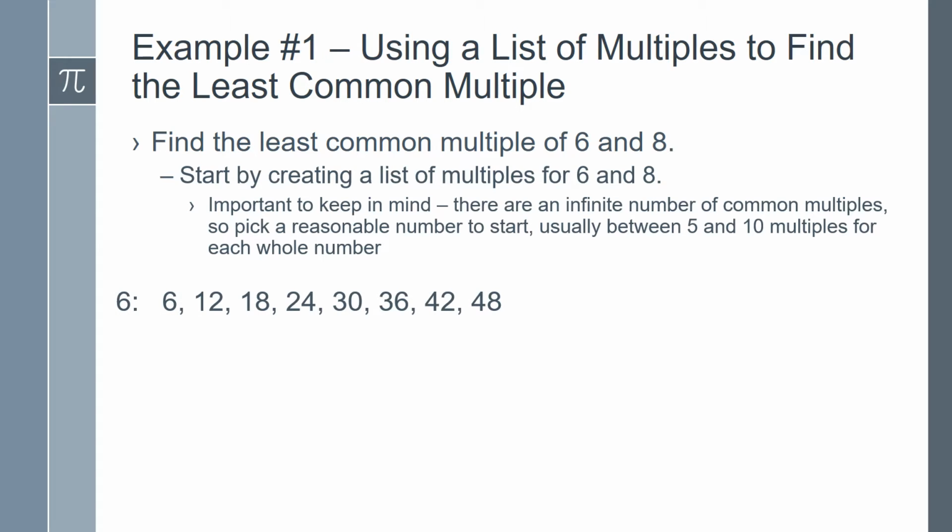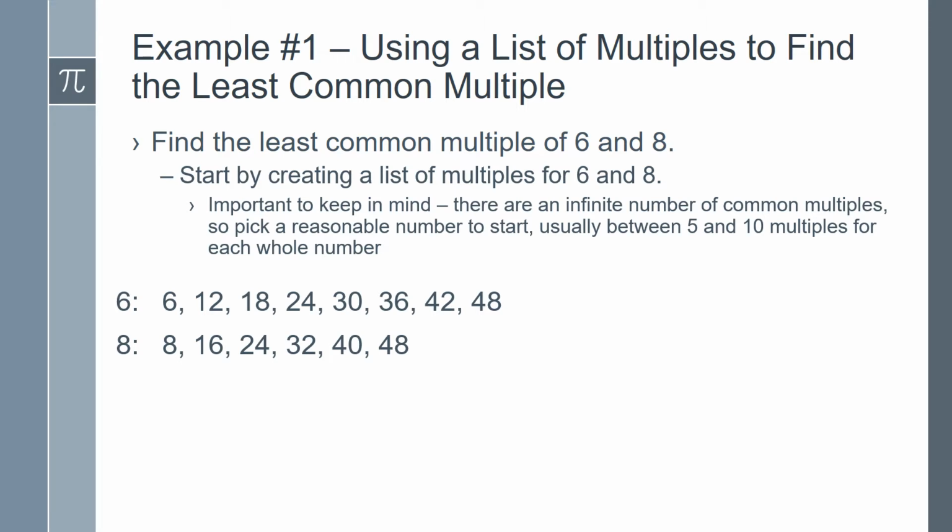So for the number 6, we have 6, 12, 18, 24, 30, 36, 42, and 48. And for 8, we have 8, 16, 24, 32, 40, and 48.